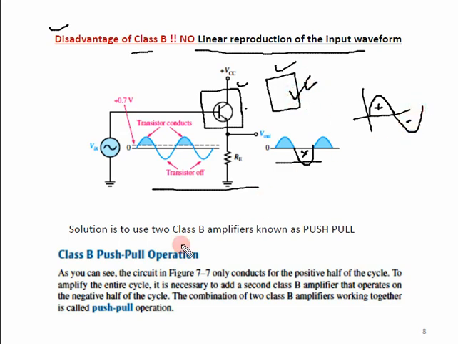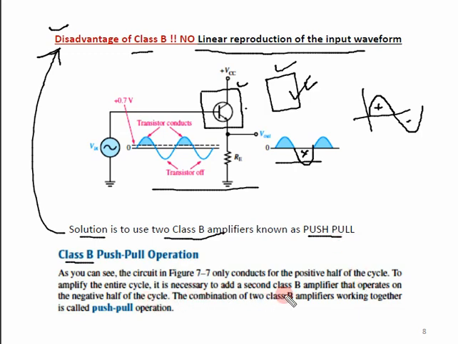So we call this combination push pull. To address this disadvantage of the class B amplifier, we combine two class B amplifiers, and the combination of the circuit is known as push pull.